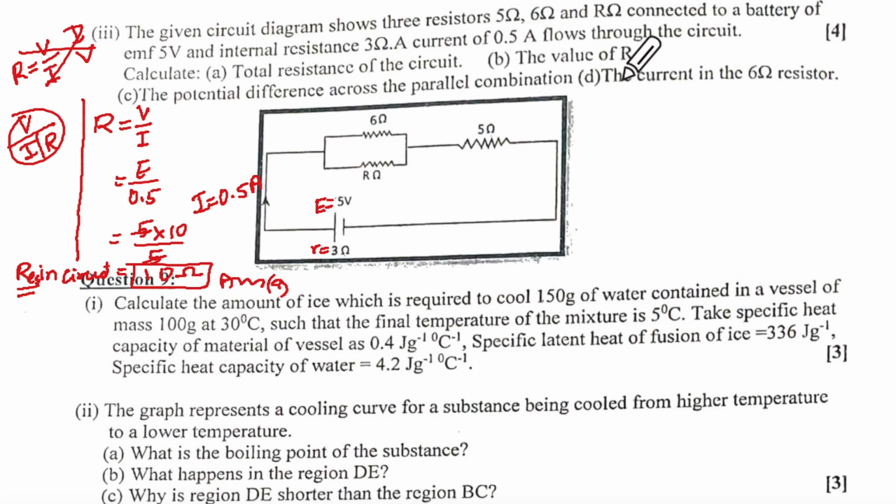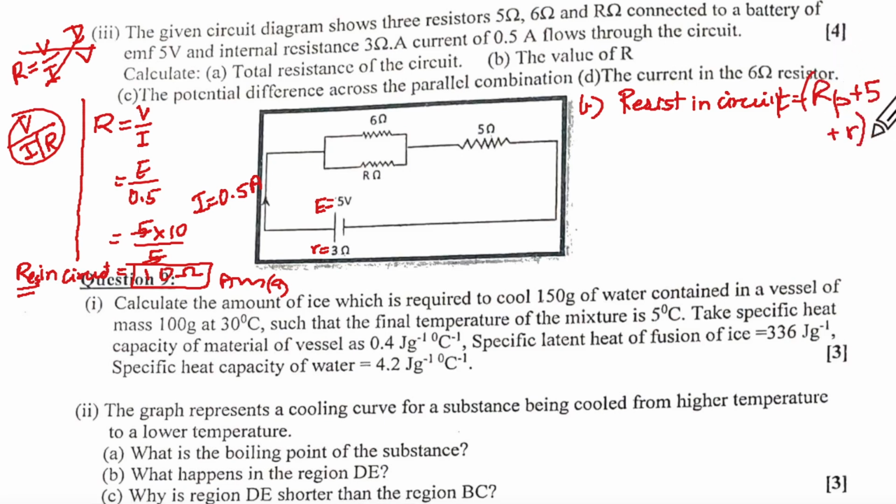Value of R. For the value of R, we'll have to first find RP. So for B, the total resistance, resistance in circuit, is equal to RP plus 5 plus small r.